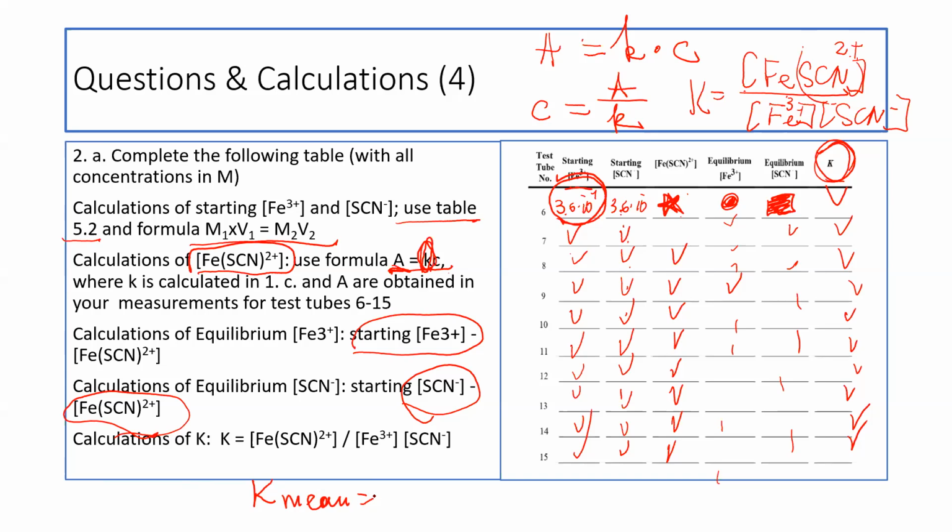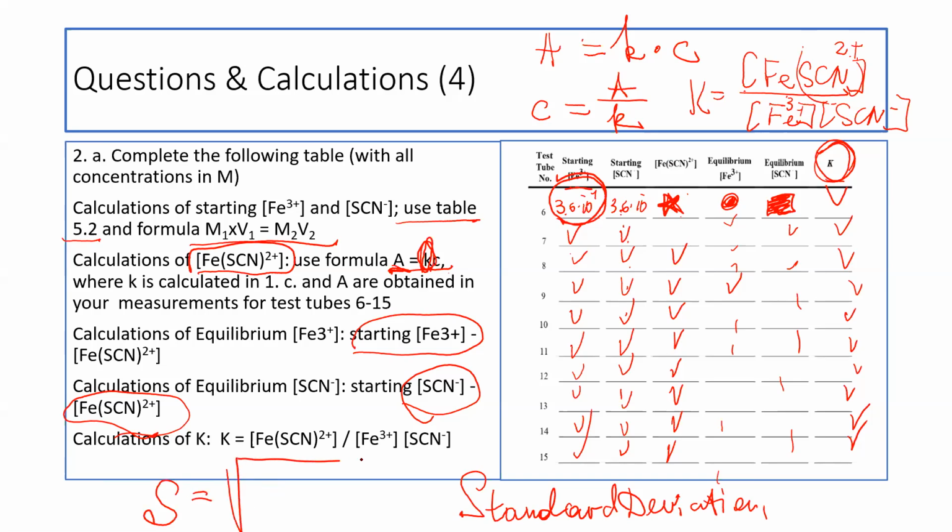And finally, you have to calculate the standard deviation for K. So here is the formula, and I recommend you to review Appendix A. The formula for standard deviation is this one: square root of the sum of deviations from the mean squared over n minus 1.